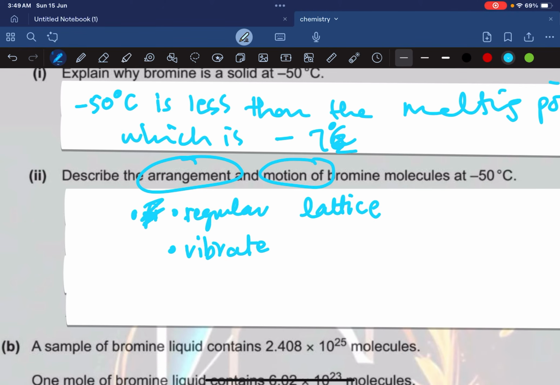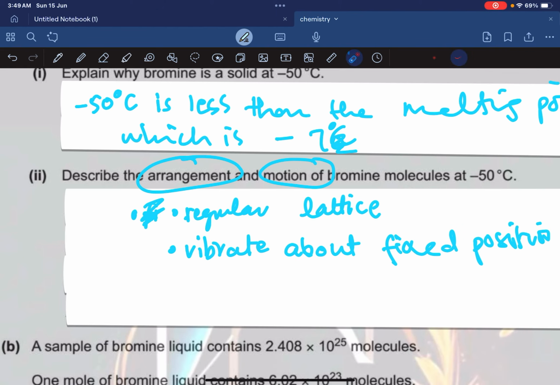That's what solids do. They cannot move freely, so they vibrate about fixed positions. That's all these particles can do, because they're solid, packed in a lattice. So that's all.